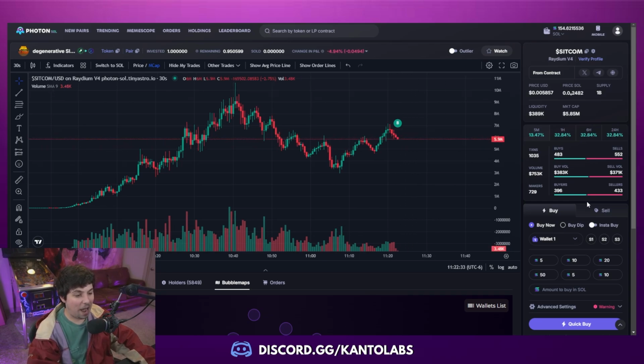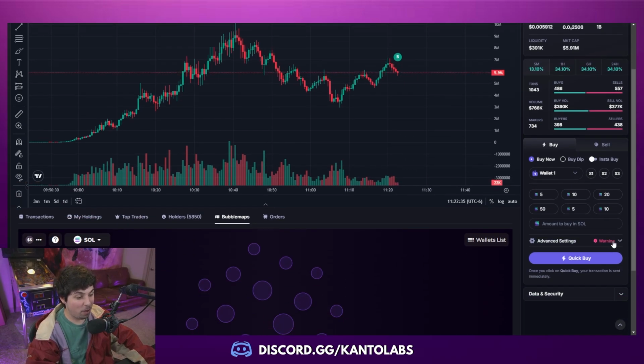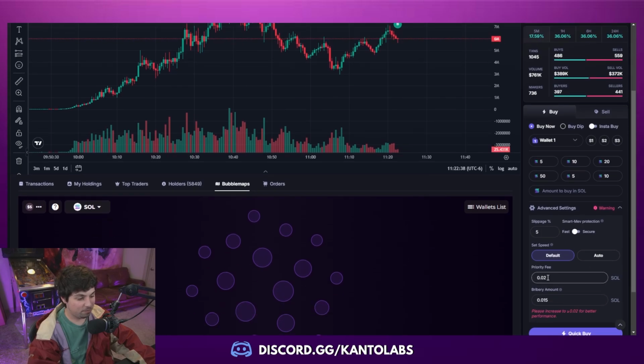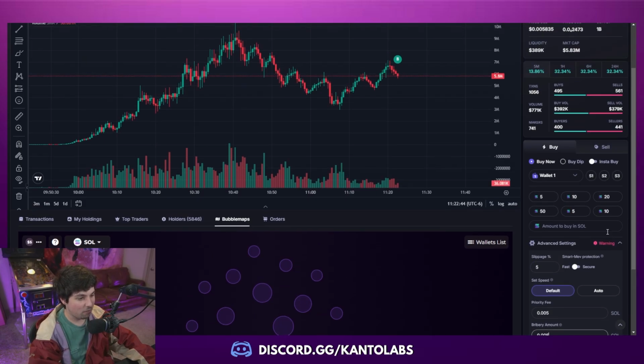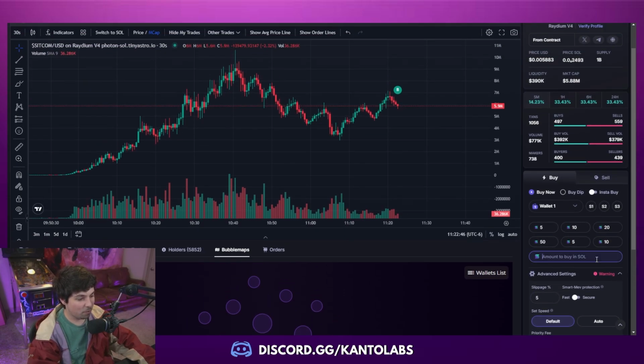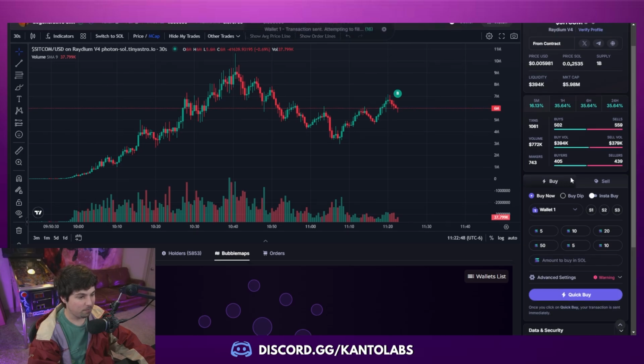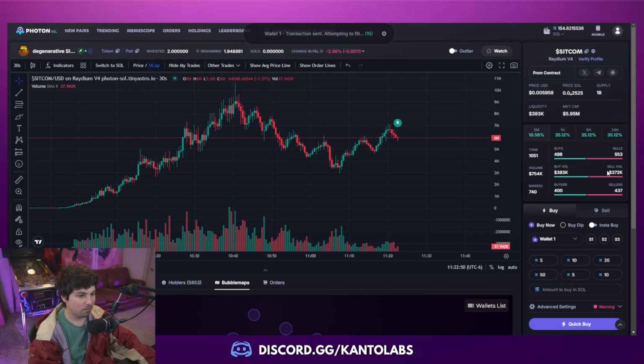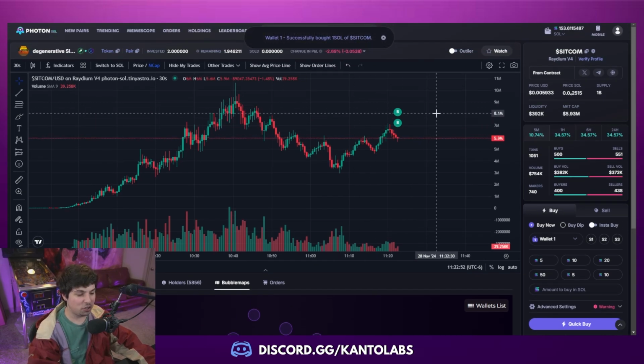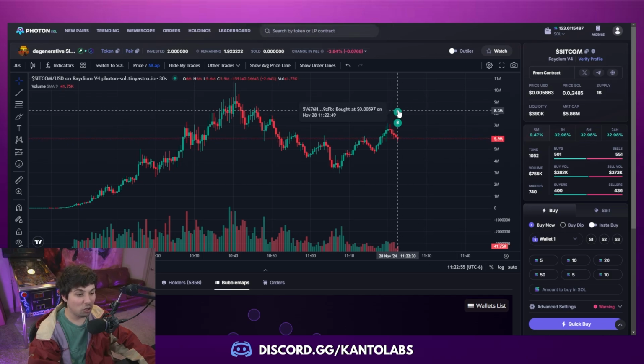Now, I did bump up my settings pretty high here, right? So what we're going to do is try it again with 0.005 on both of these, and we're going to see how fast this goes through. And I'm going to buy the same amount. It was a little bit slower, right? A little bit slower, but it did also end up filling pretty much where I wanted it to.